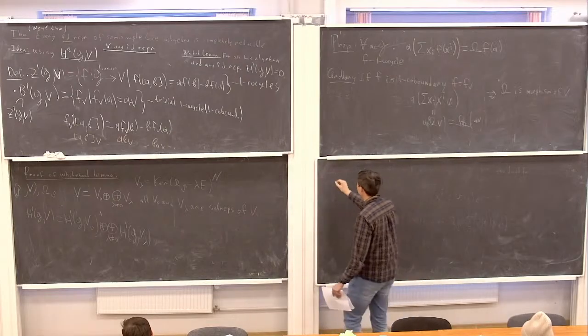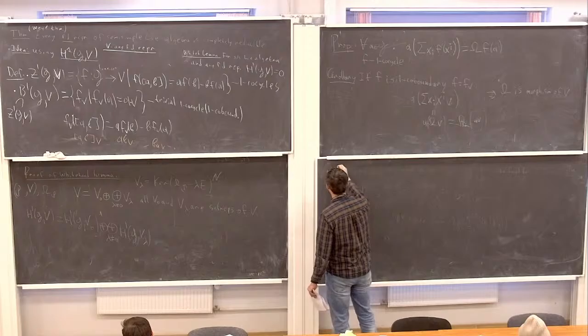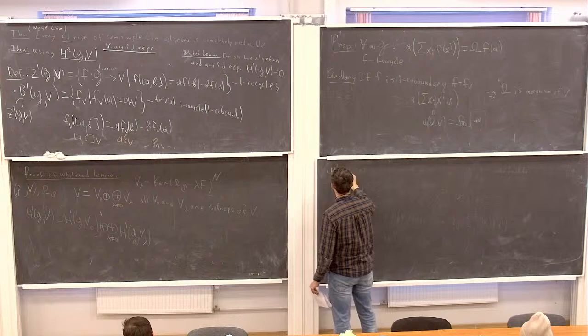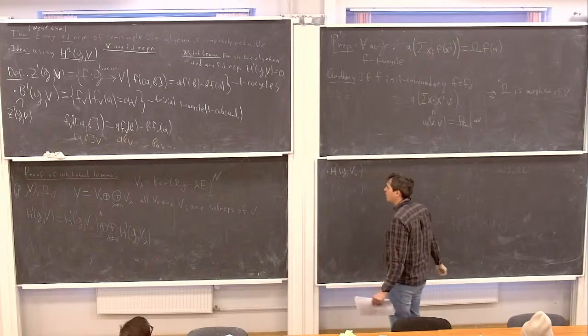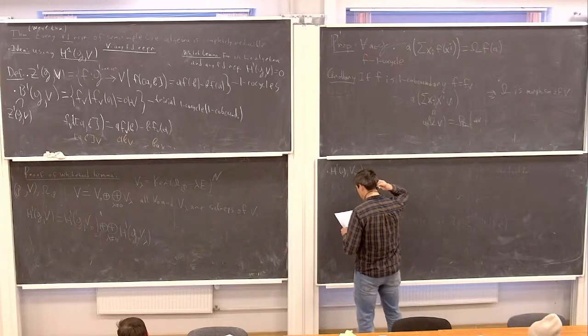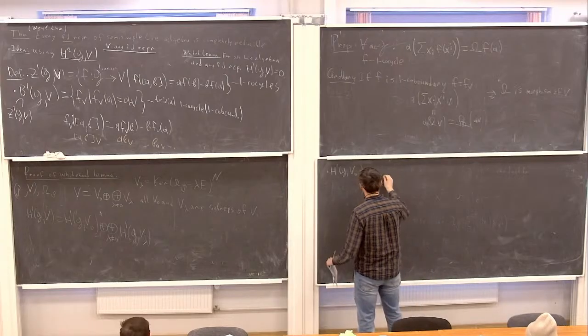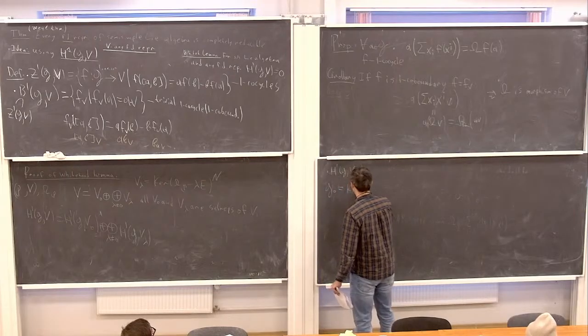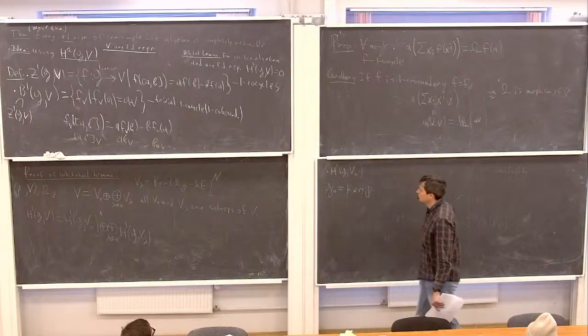First of all, consider h1 of g, v0. What can I say? Let g0 be the kernel of rho, the kernel of the representation.